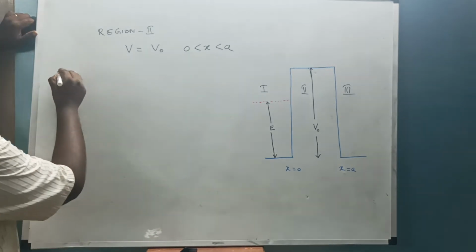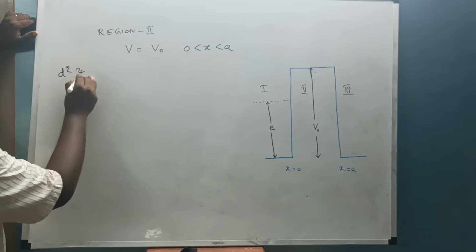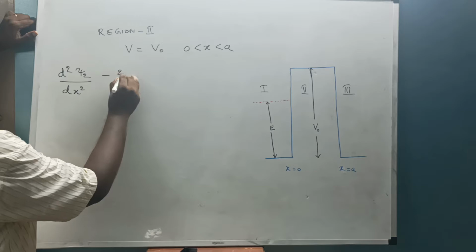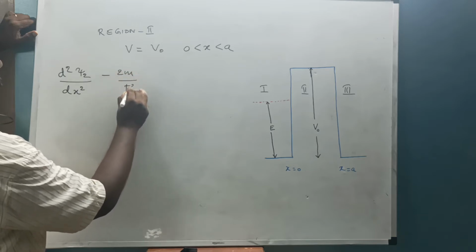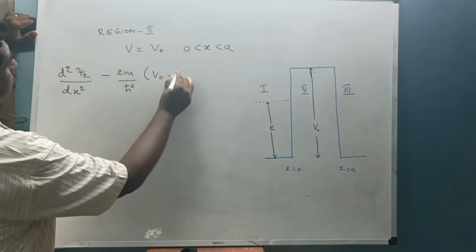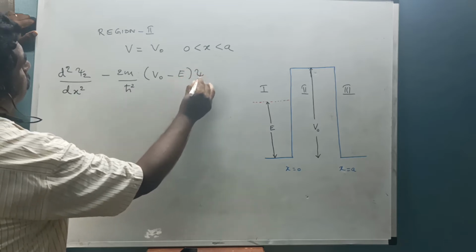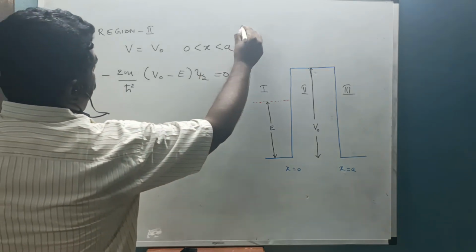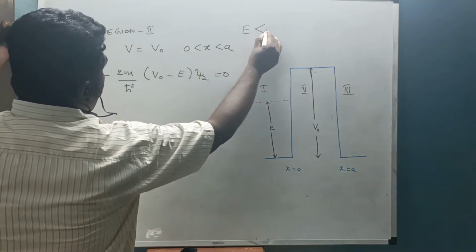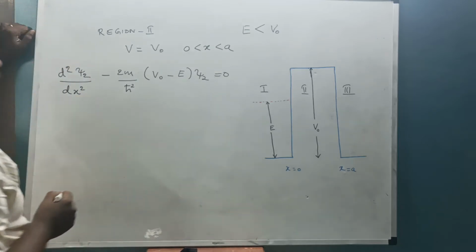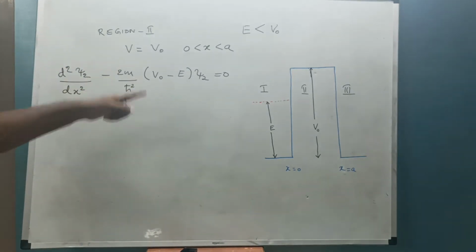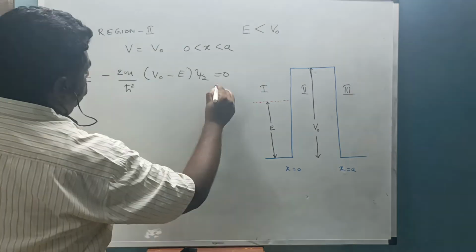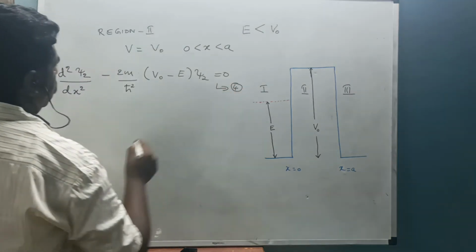For this region, the Schrodinger equation is d square psi 2 divided by dx square minus 2m by h cross square into V0 minus E into psi 2 equal to 0. Because here the energy of the particle is lesser than the height of the barrier, we have modified this minus E to V0 minus E. This is equation number 4.